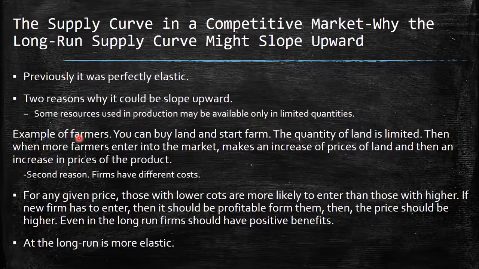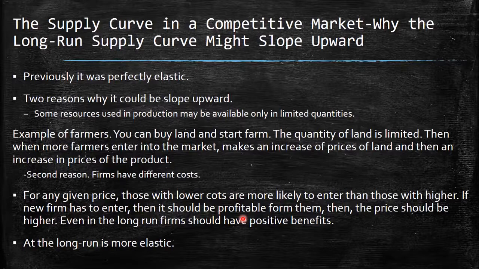The first one is that some resources used in production may be available only in limited quantities. And why does it change the slope of our supply? Basically, take an example of farmers. When you can buy land and start a farm, imagine that more people are interested in running a farm.